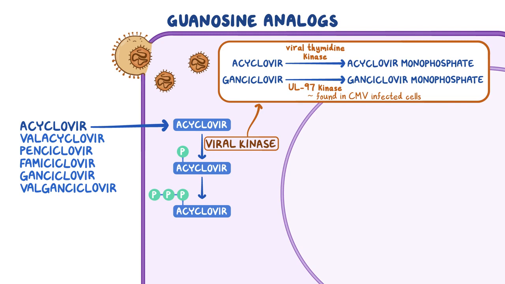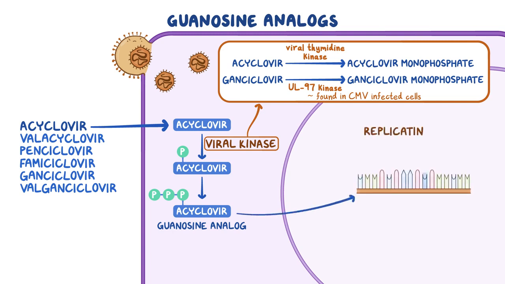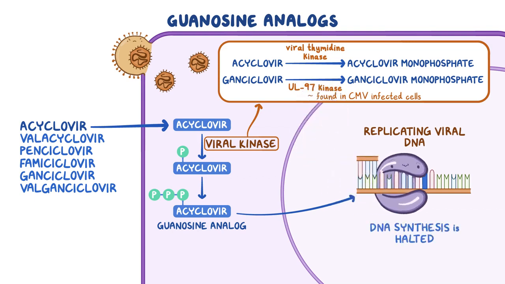This triphosphate form acts as a guanosine analog, which means that it's similar in structure to the normal guanosine nucleotide. When this analog is inserted into the replicating viral DNA, it causes the growing DNA chain to terminate, and DNA synthesis is halted. Alright, now resistance to these medications can be developed if there's a mutated form of the viral kinase, which won't phosphorylate the medication.